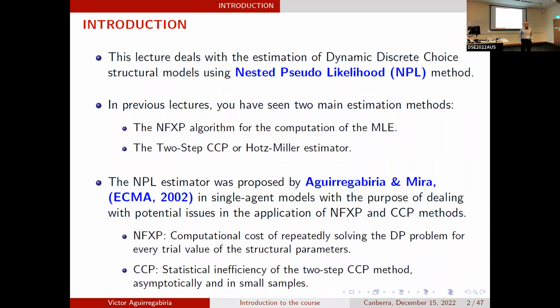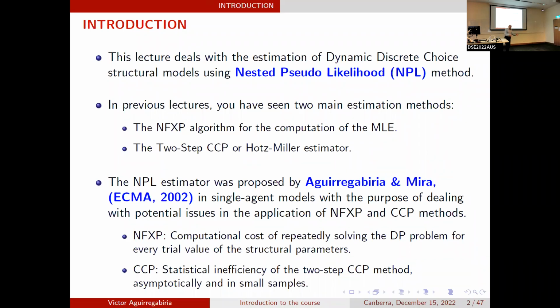Can we avoid having to solve the dynamic programming problem so many times? At the beginning, for our initial guess of the structural parameters, we might be very far away from the true values. Do we really need to spend so much time solving the dynamic programming problem in these first iterations? That was kind of the intuition, but it was not just our intuition, it was a concern for everybody in this literature, no?